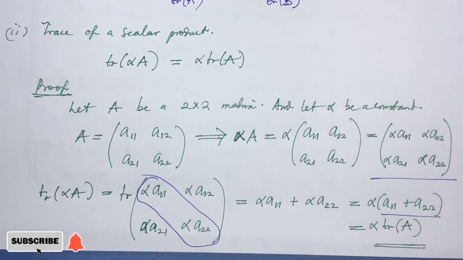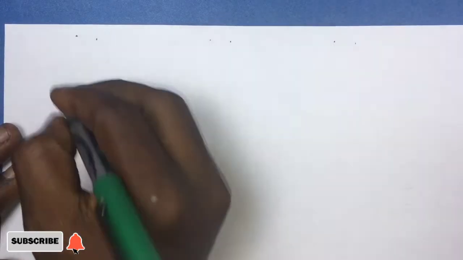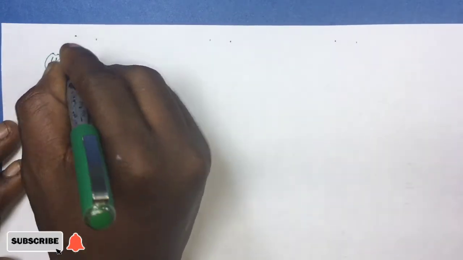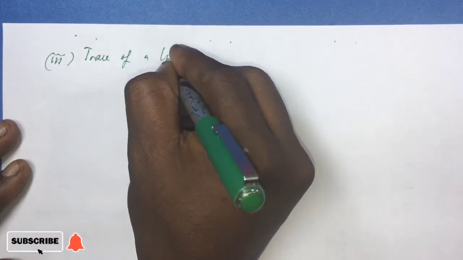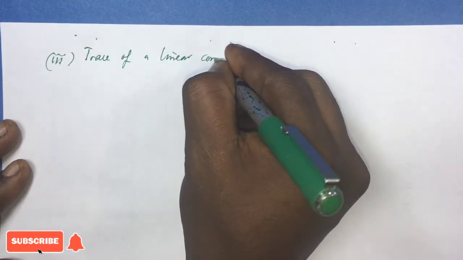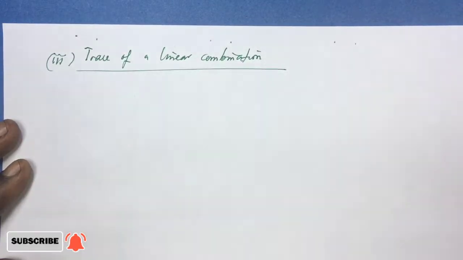Now, what is property 3 saying? Property 3 talks about the trace of a linear combination. So we want to state what this means and also prove it.